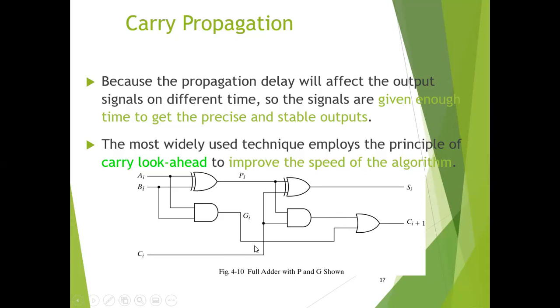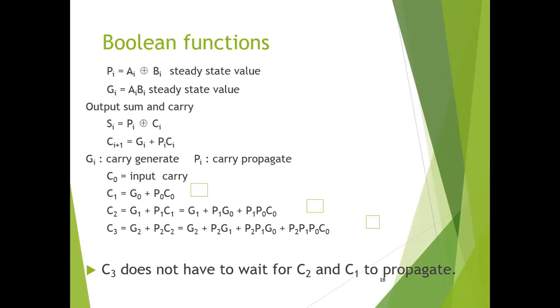For an n bit adder, there will be 2 into n gate levels for the carry to propagate from input to the output level. So the carry propagation time is an important attribute of the adder because it limits the speed with which two numbers are added, as speed is dependent upon the propagation of the carry.